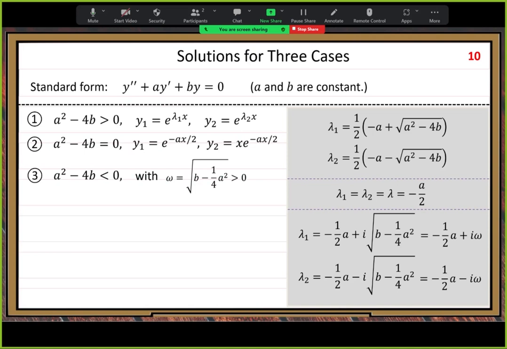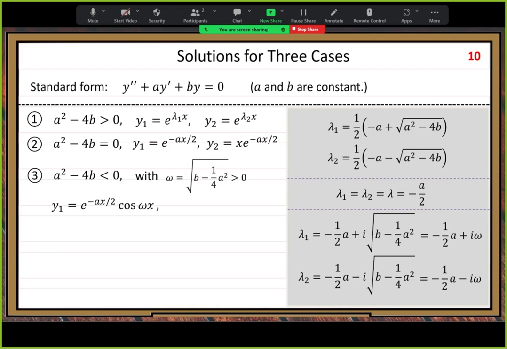Now we want to write our two solutions. The first solution, that e part, then cosine omega x. Why cosine? Interesting. For the complex case, we use cosine.